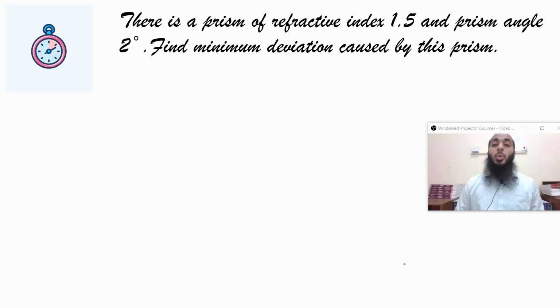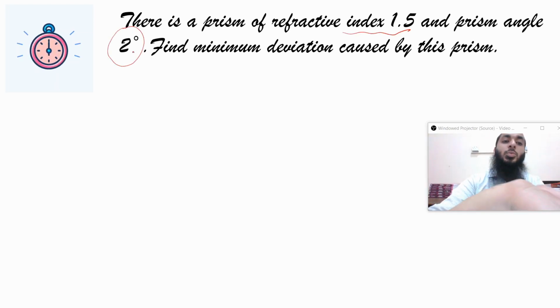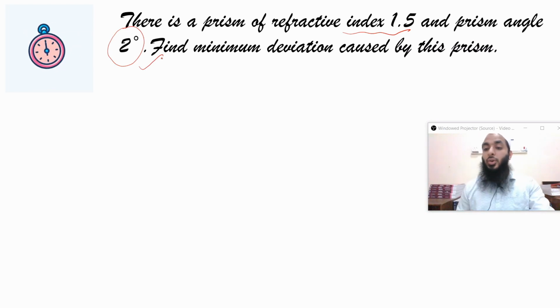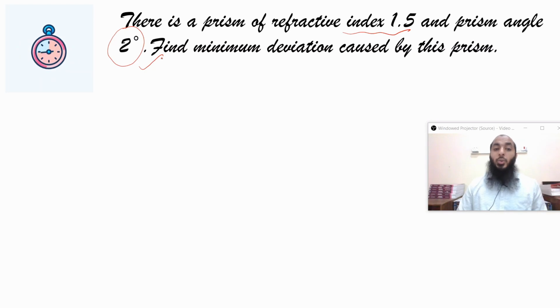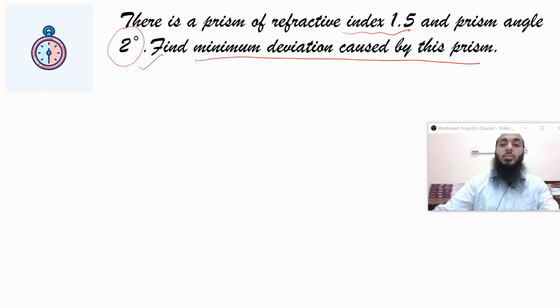Okay, now this was a question from optics, and you see that there is a prism of refractive index 1.5, and the prism angle is given. It's a very small angle. This is a thing that you have to note. The angle is very small, so you can use the simplified equation for finding the minimum deviation. You don't have to use the bigger equation.